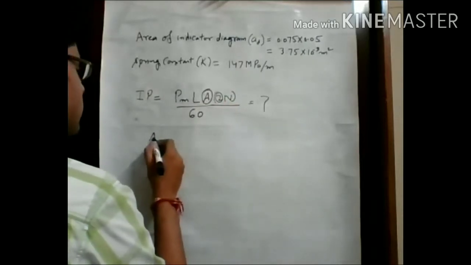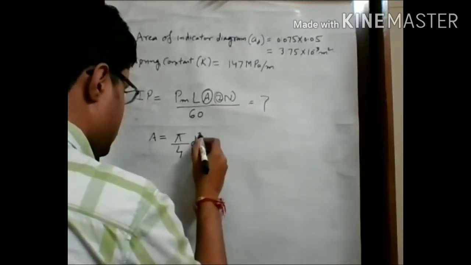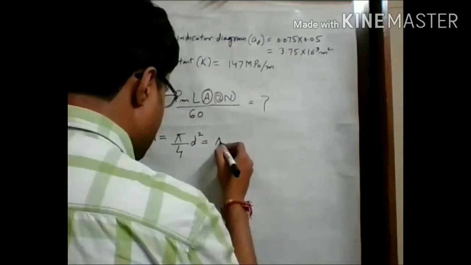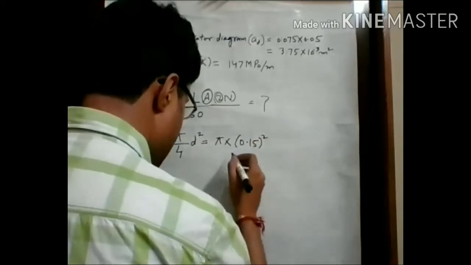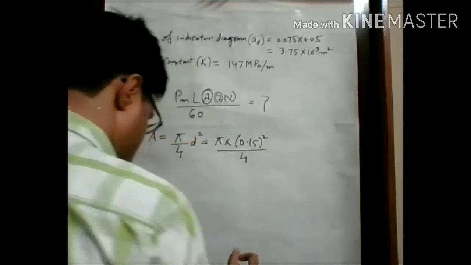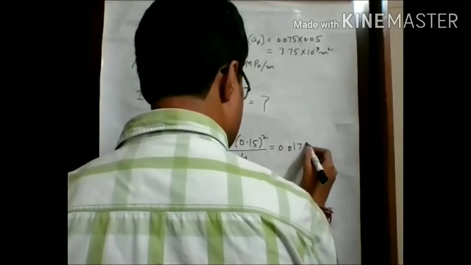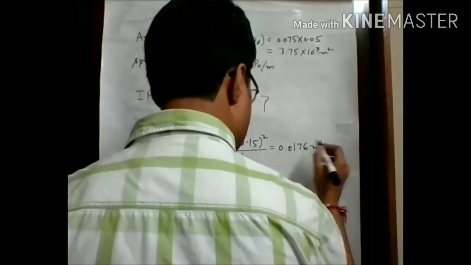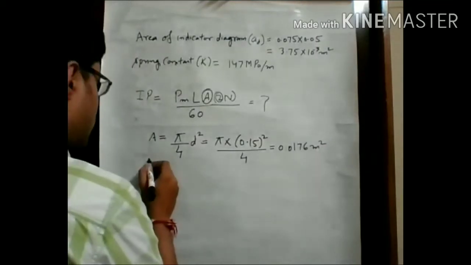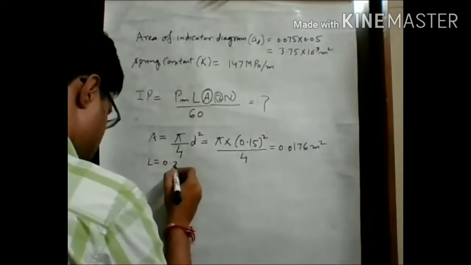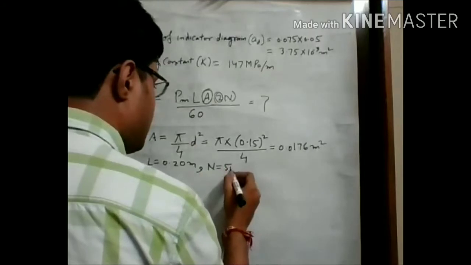Okay. So if we calculate this value, firstly we have to calculate this area. In this problem, we know the diameter. That's why we calculate this area as pi multiplied by diameter, here given as 0.15 meter, squared, divided by 4. After calculating, we get this value 0.0176 meter square. Okay. This is the value of area, and length of the stroke is given as 0.20 meter, and speed is 50 RPM.